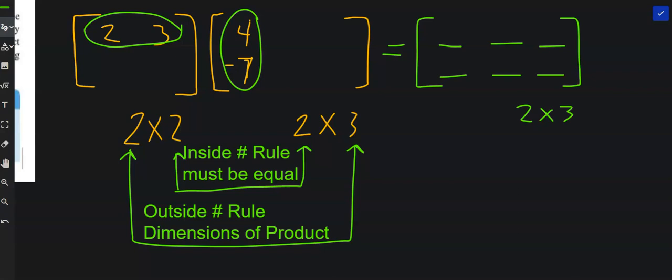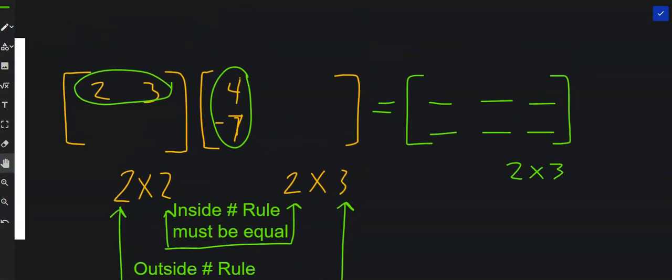If I'm multiplying row 1 times column 1, row 1, column 1. The very first upper left corner, right?